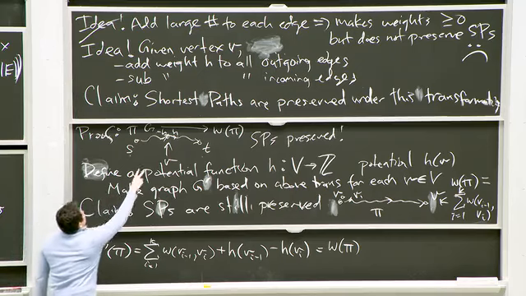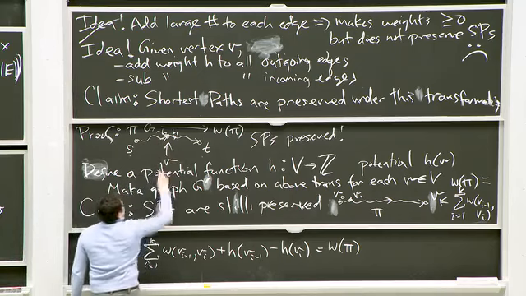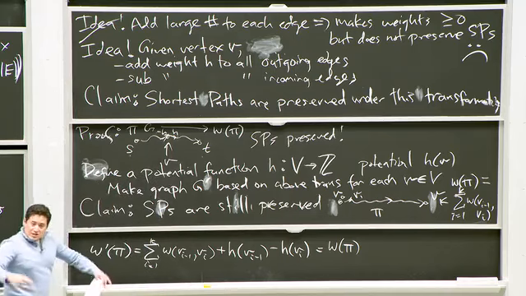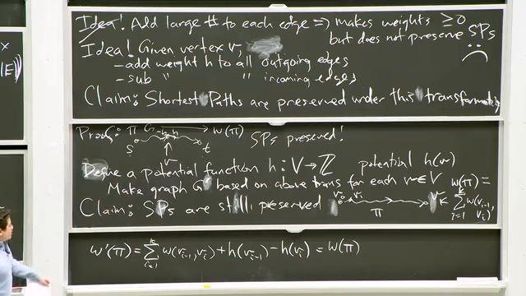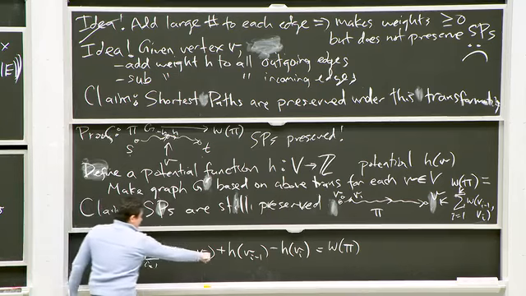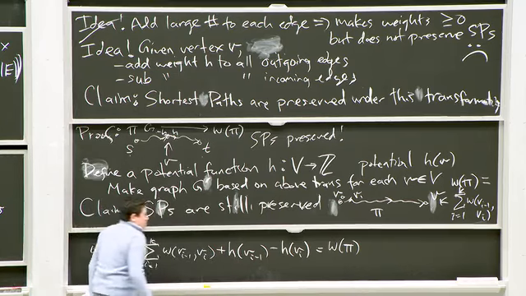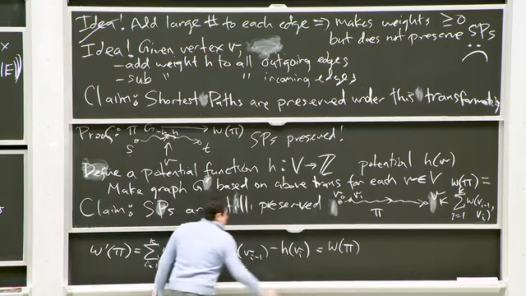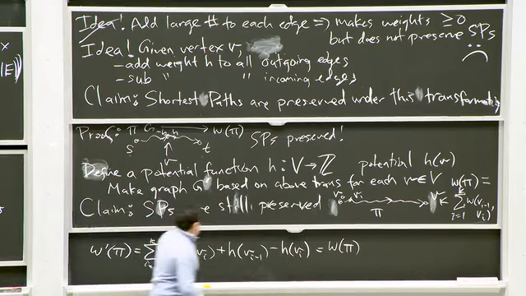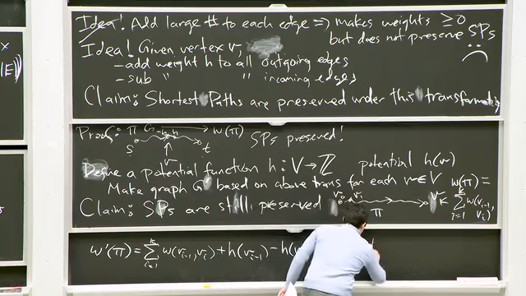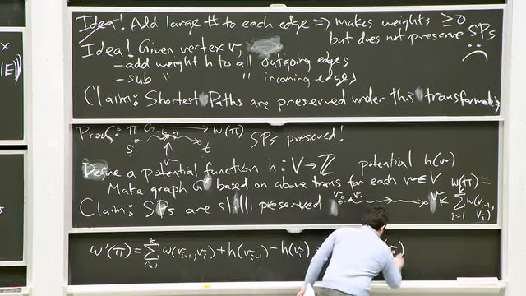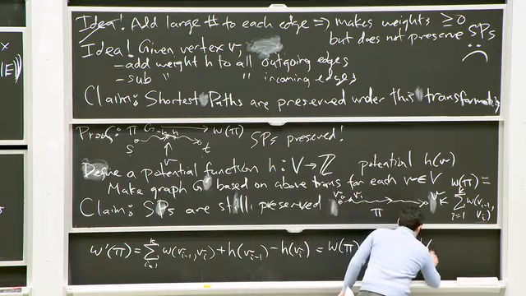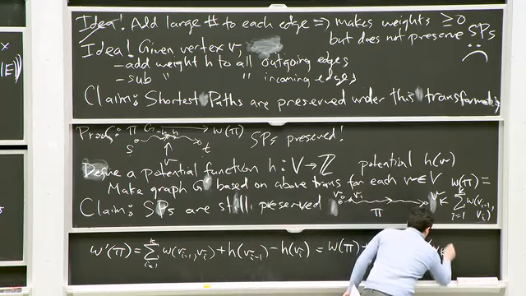Along the path, all the incoming and outgoing edges cancel out, right? So we're left with only adding the potential at the starting vertex and subtracting the potential at the final vertex, right? So we've got add h V0 minus h Vk.